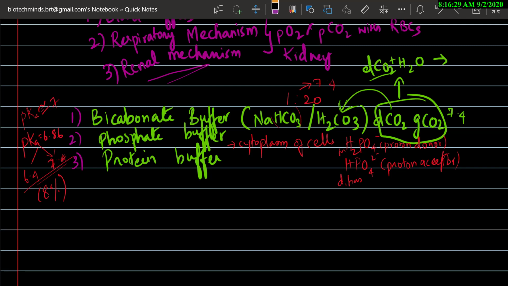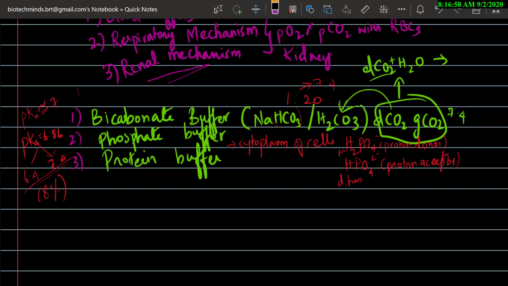So we are seeing all these three types of buffer regarding maintenance of constant blood pH. Phosphate buffer also plays a central role there. For blood, you know that the pH is exactly 7.4, and for phosphate buffer, we said its buffering action is between 6.4 to 7.4.